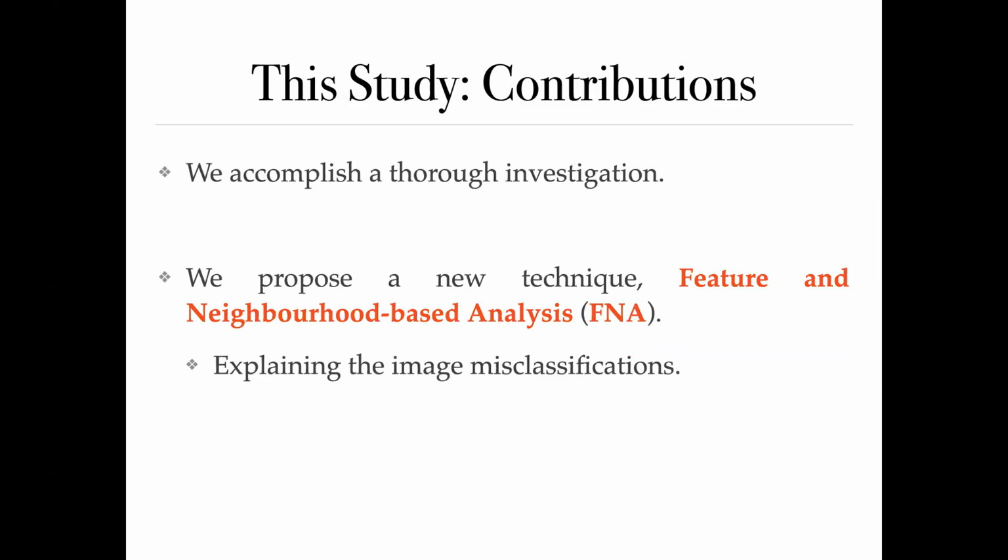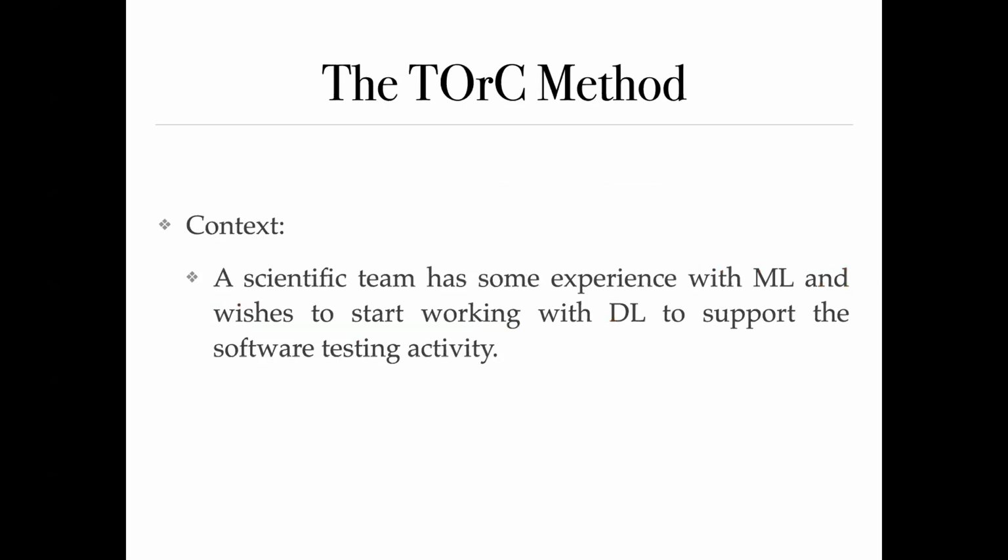We accomplished a thorough investigation, and we also propose a new technique, feature and neighborhood-based analysis, FNA, to explain the image misclassifications. The context we used to develop our method is that a scientific team has some experience with machine learning and wishes to start working with deep learning to support the software testing activity.